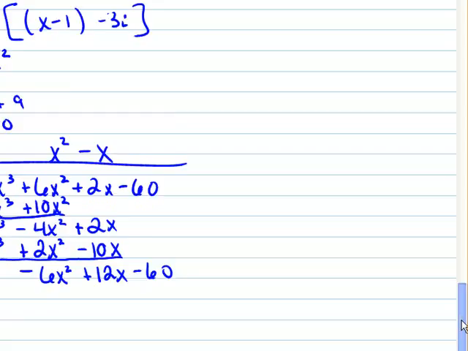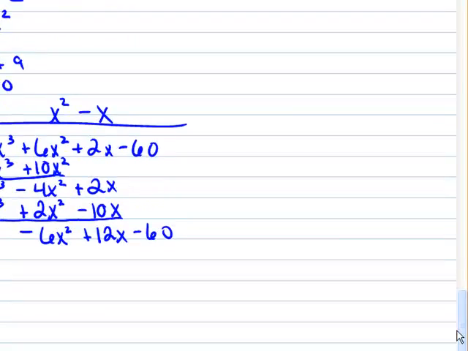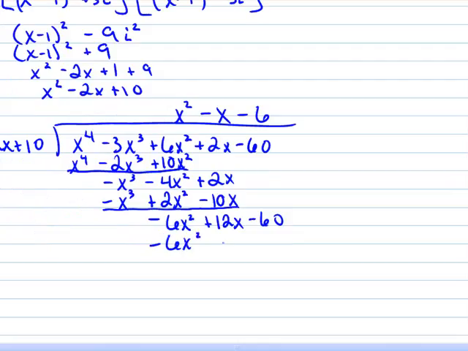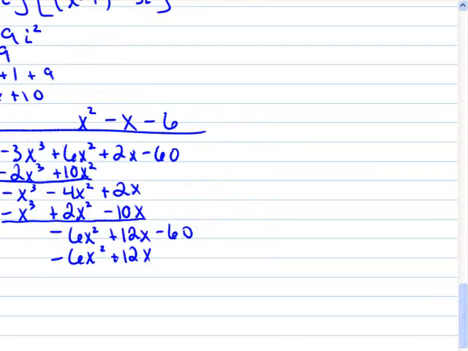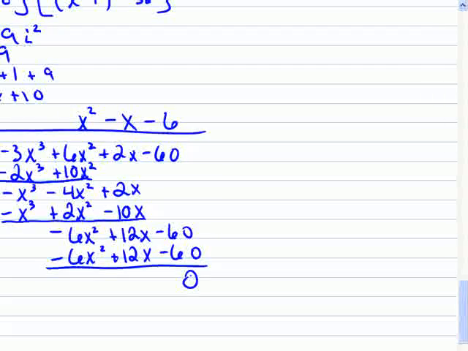Bring down. What times x squared would give me a negative 6x squared? It would be a negative 6. So I have a negative 6x squared, a positive 12x and a minus 60. Change the signs and we have no remainder, which we kind of expected, right?